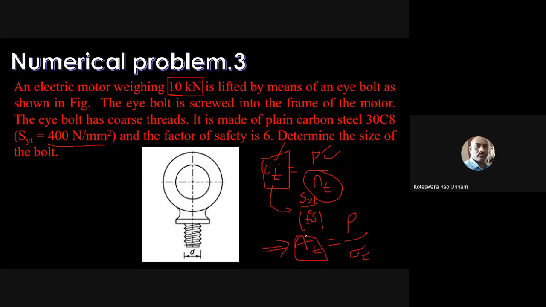In the data book, I need to choose coarse threads and identify the diameter corresponding to this AT value that we got. You need to choose the coarse series to find the diameter for the bolt.